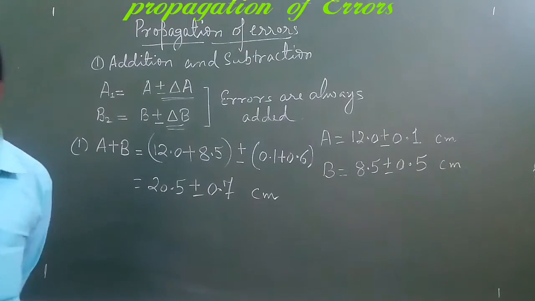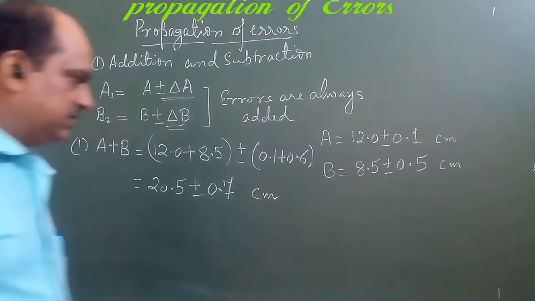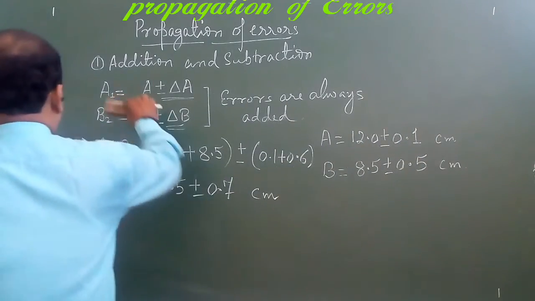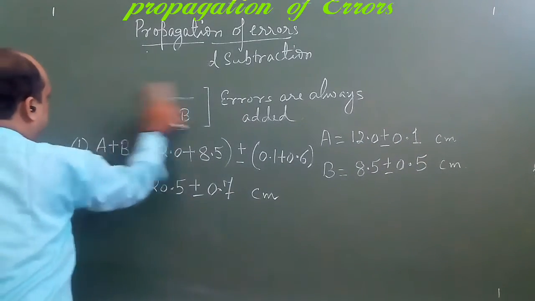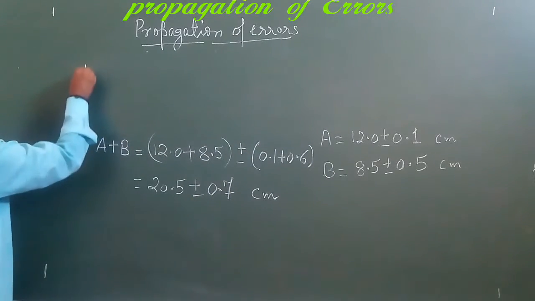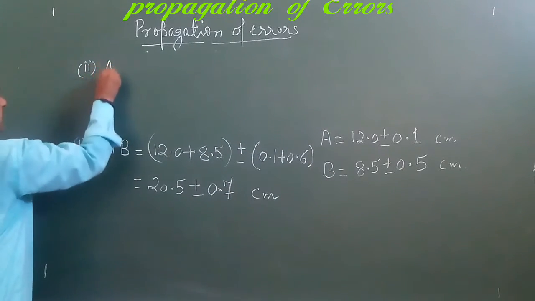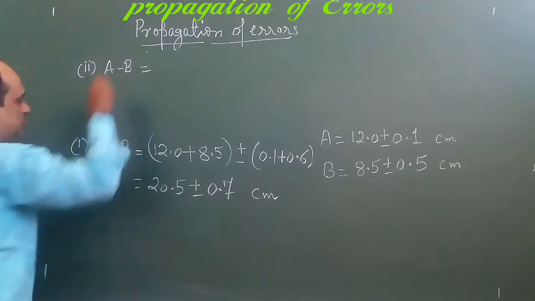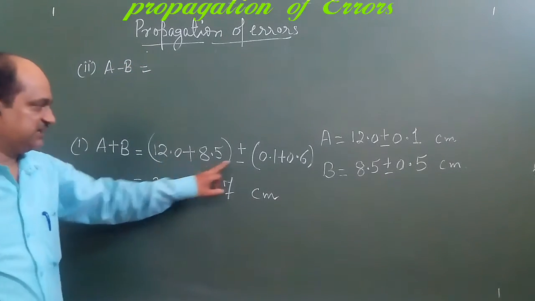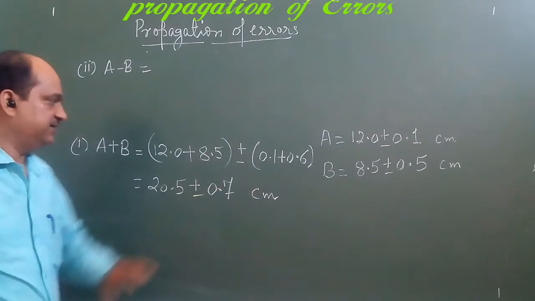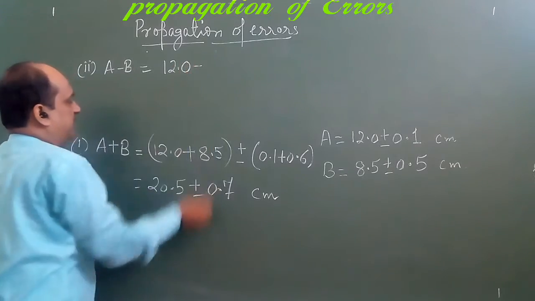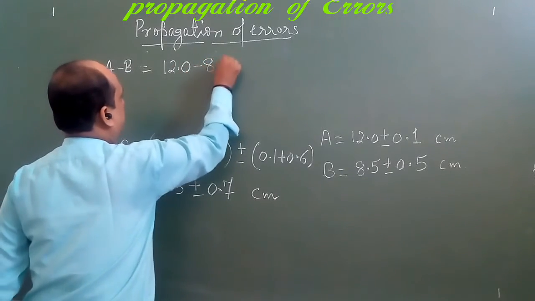Similarly, when we have to perform their subtraction, we can do the same process. We have to find, in the second case, A minus B. So the main values are only subtracted, and the error is always added. So here we can write 12.0 minus 8.5.